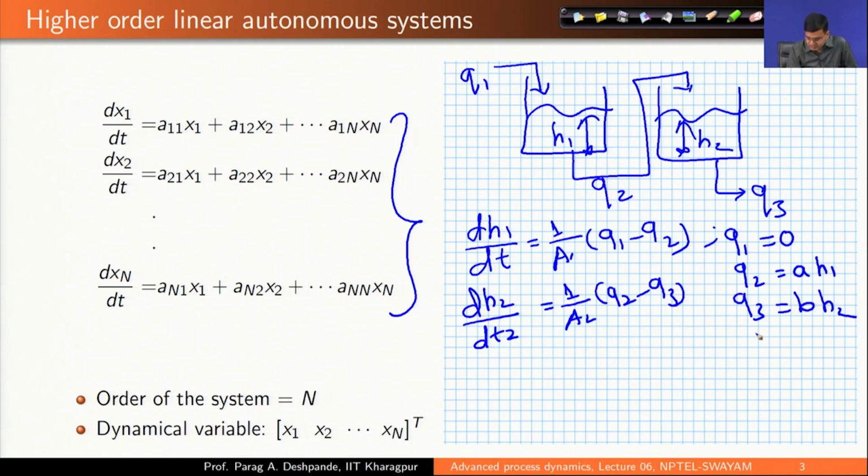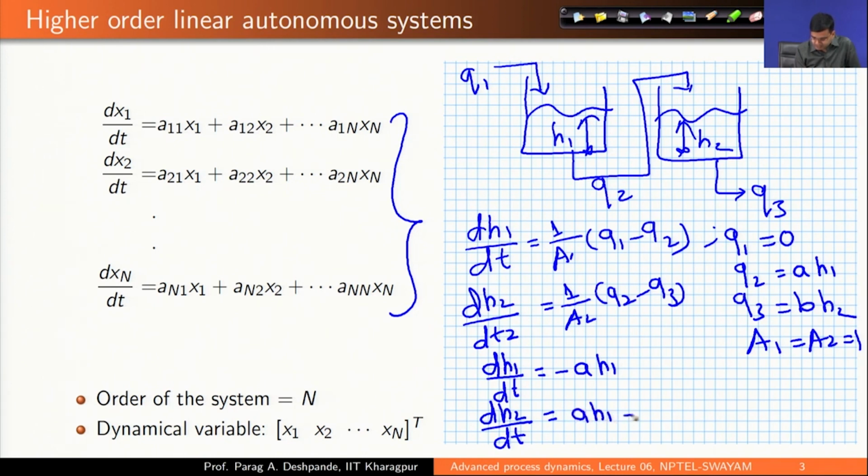And for the ease of representation, let us consider unit cross sections of both the tanks. So, I can write here dh1/dt equals minus A h1, okay, and dh2/dt equals A h1 minus B h2.